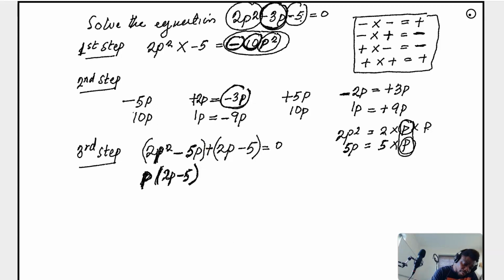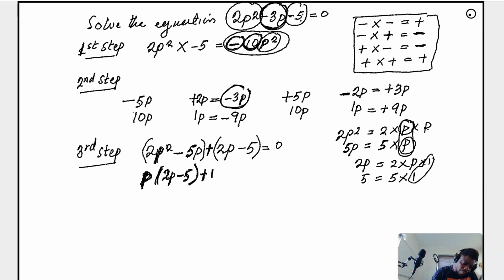The next thing is a plus, right? I put plus here. For this one, what is common? 2p is 2 times p, and 5 is 5, so nothing is common like the way you had it here. If nothing is common, you just say 1, because times 1 is still 2p and times 1 is still 5. So 1 is common.